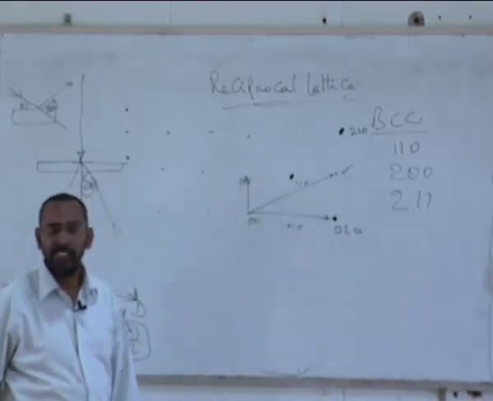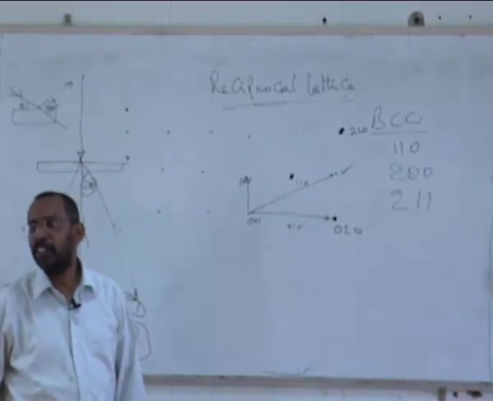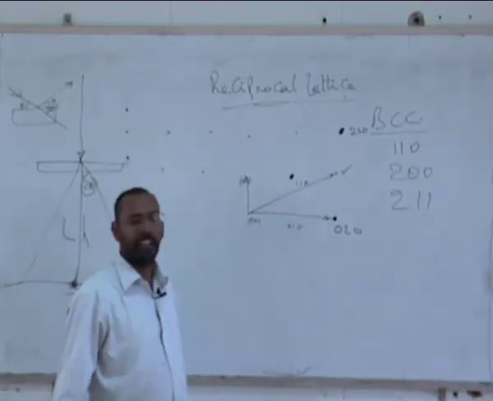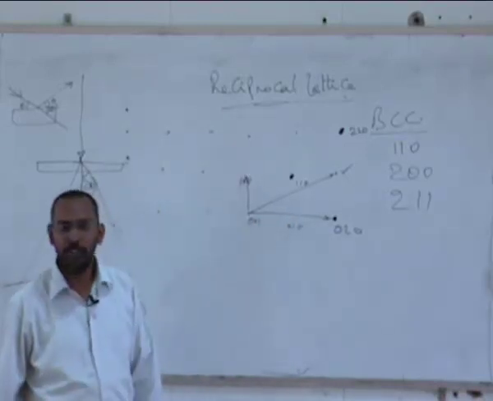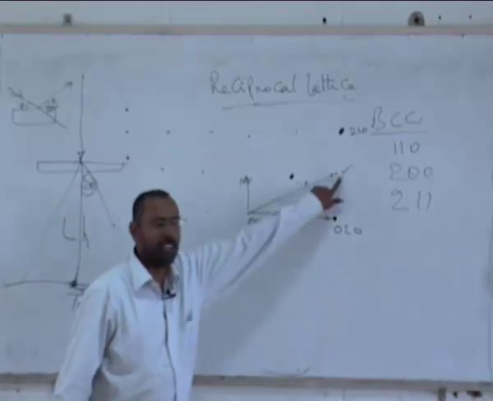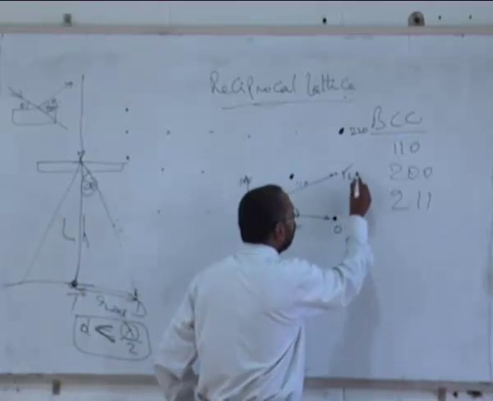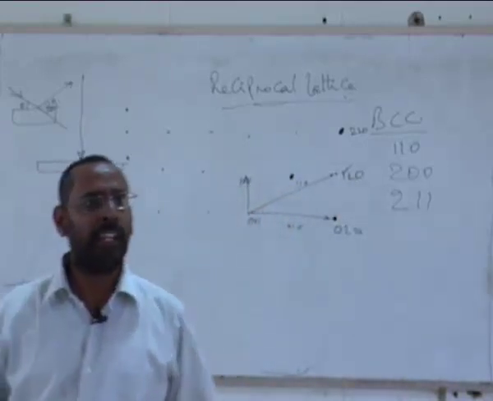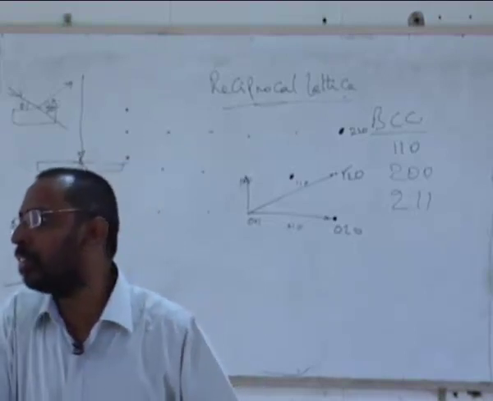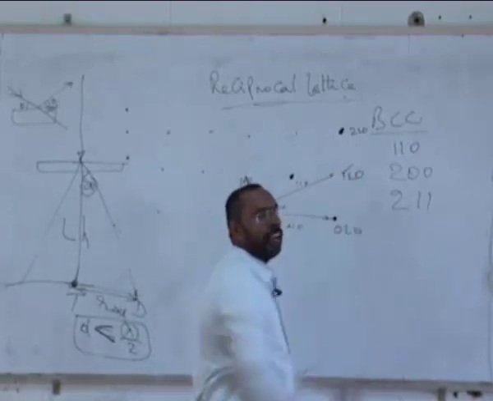Right? What is that vector summation? If this vector is 0, 2, 0 and this vector is 1, 0, 0, then what is this vector? 1, 2, 0, as simple as that. 1, 2, 0, is there a plane that gives you diffraction in BCC? No. So you will not see this spot at all in the diffraction pattern.